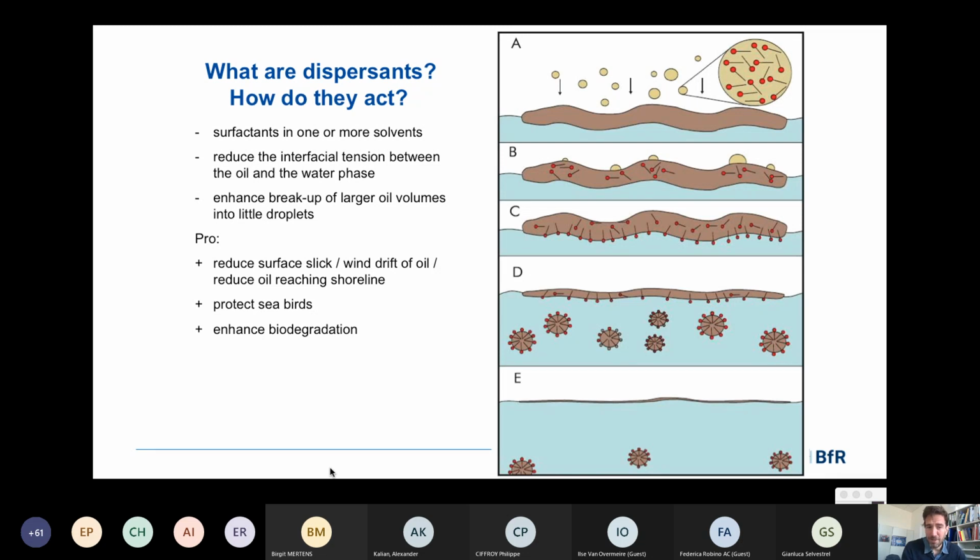It's also considered a protection of seabirds, and in the end, because you increase the surface area of the oil droplets, you can enhance biodegradation. On the other hand, you have higher bioavailability of the oil components to pelagic and benthic organisms, and the oil can also be incorporated in the sediment where it would not normally reach.